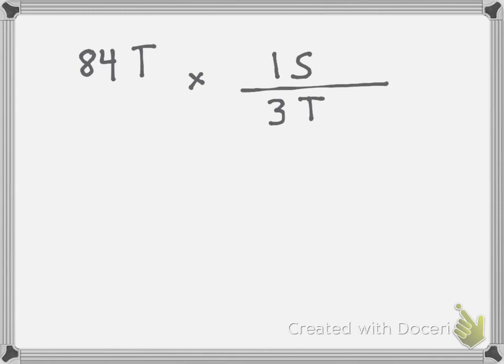We have 84 slices of turkey, and our conversion factor is that there are 3 slices of turkey in every Saudi. 84 divided by 3 tells us that we will be able to make 28 Saudis, 28 sandwiches.